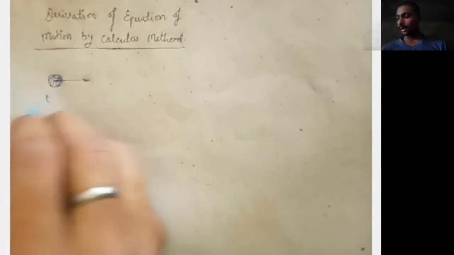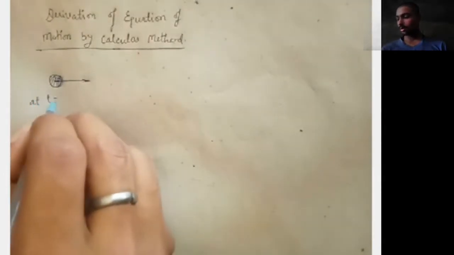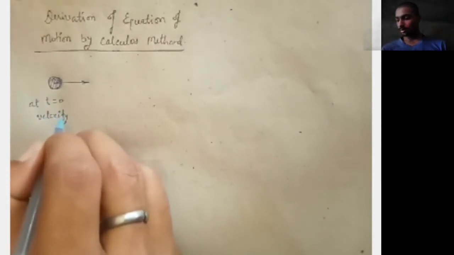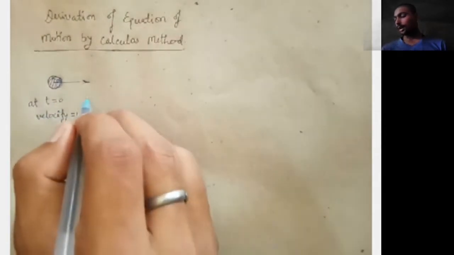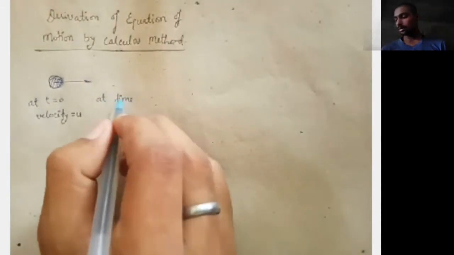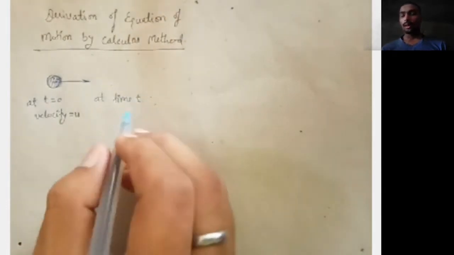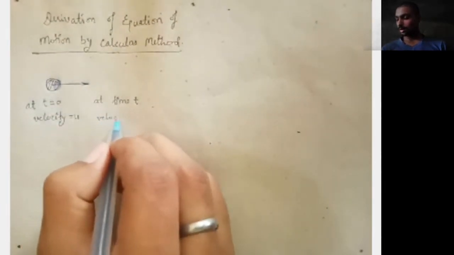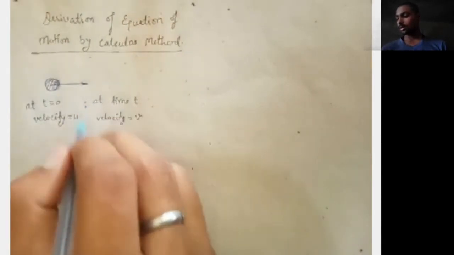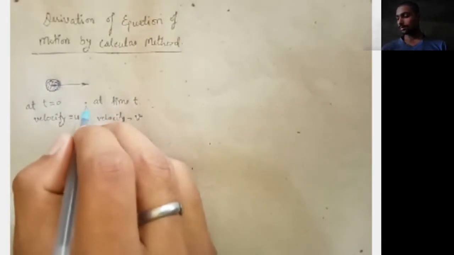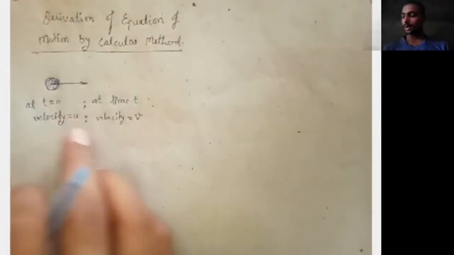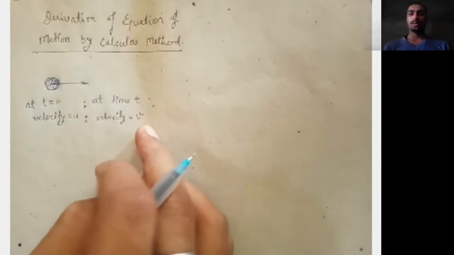Initial velocity means at t equal to 0, velocity was u, and after time t, its new velocity is v. These are basically the limits, and this is initial velocity and this is final velocity.